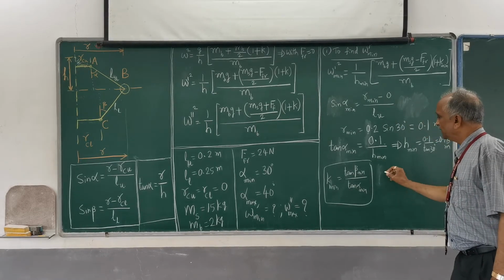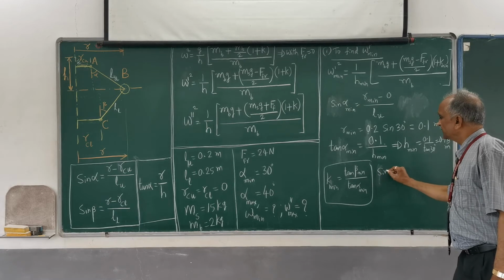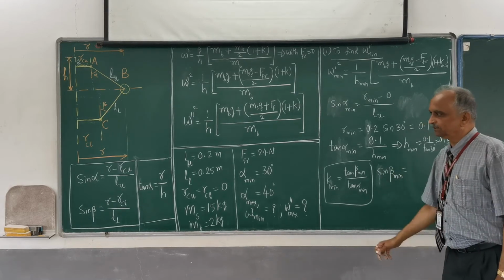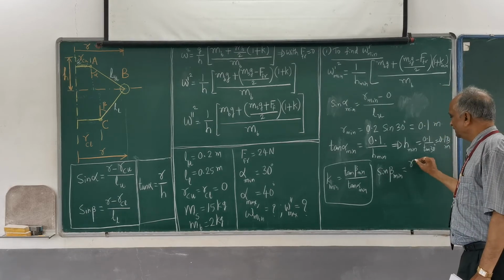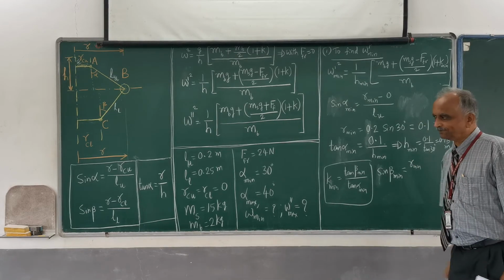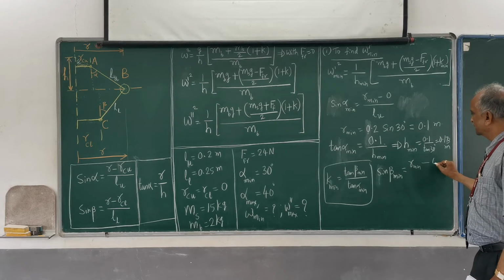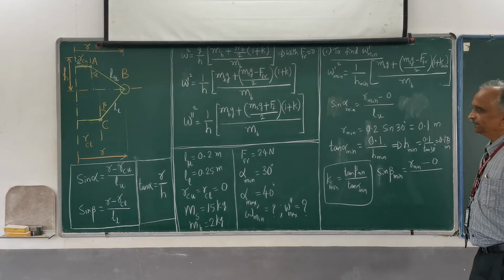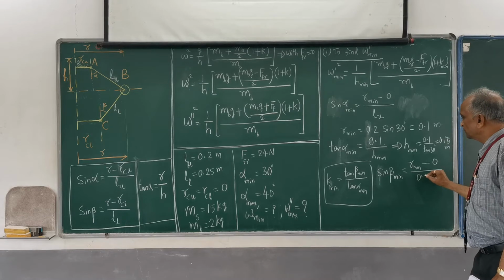For that I make use of the expression sin beta minimum. Sin beta minimum is equal to R minimum minus R, that is 0, divided by the lower L, that is 0.25.